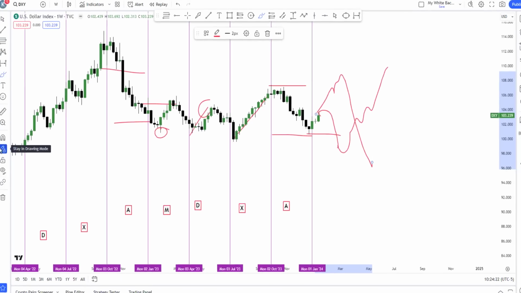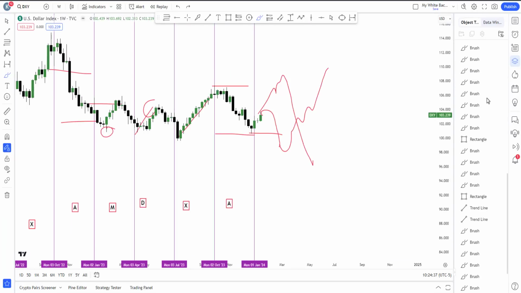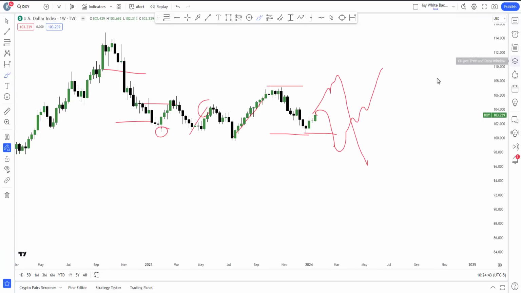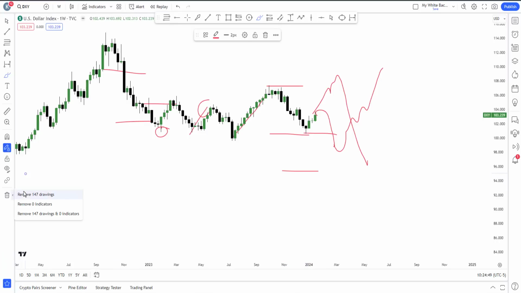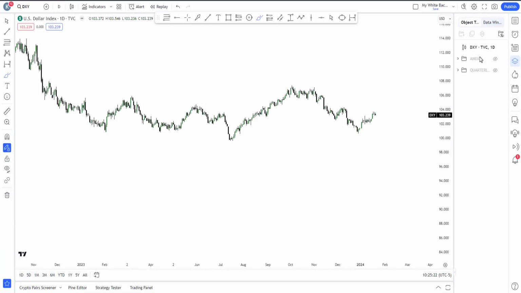What if we can do this same thing in the daily time frame and on the hourly chart? All right, so let me show you that. Everything I'm showing you right here is an example of what can happen on your chart time and again. So let's drop down. Let me delete all the drawings.